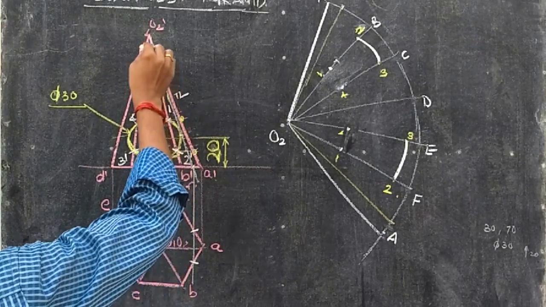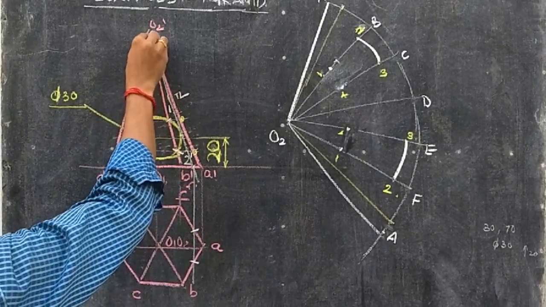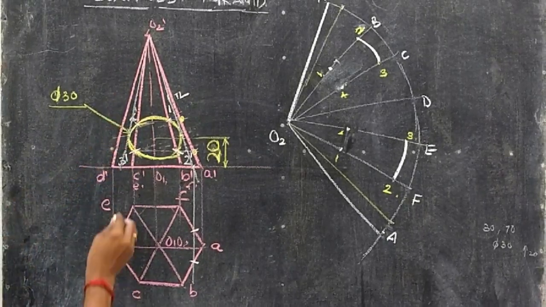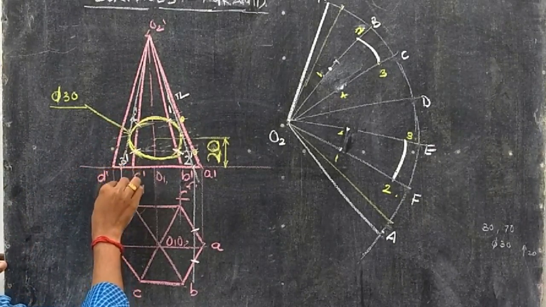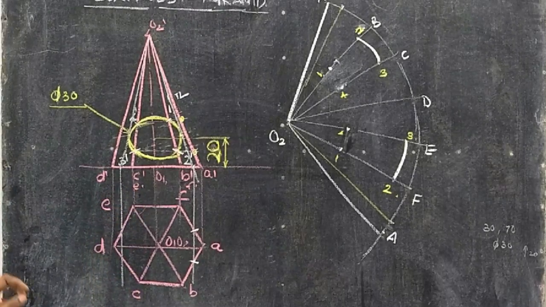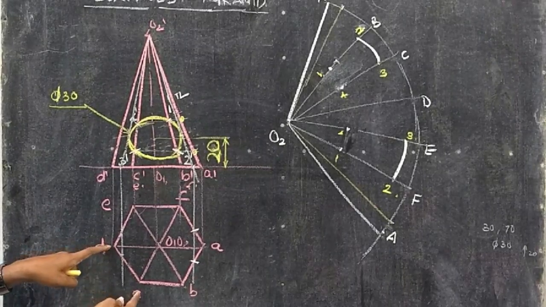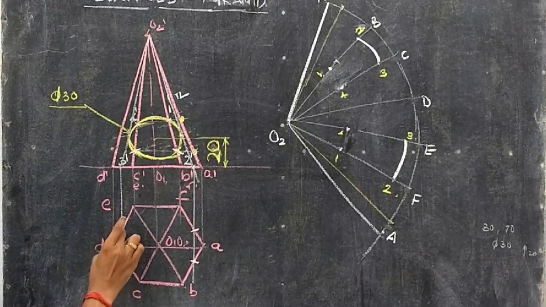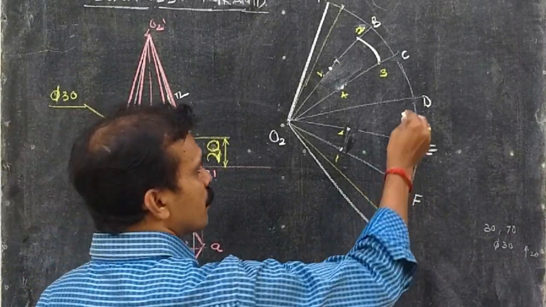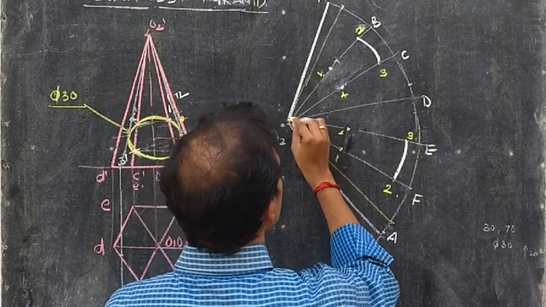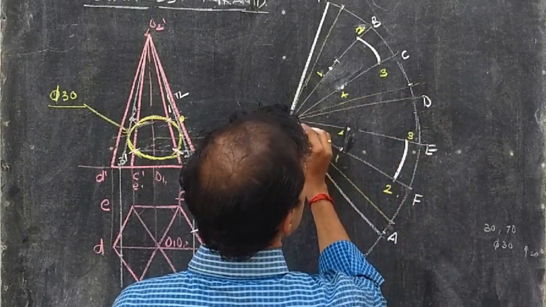The same method can be adopted here also, so that we have drawn a line parallel tangential to this point obtained here, draw a perpendicular from there, so that we have obtained another 2 points here. That means from D to C and from D to E. Take the corresponding distance and mark from D to C as well as from D to E, so that now we have obtained 2 new generators.